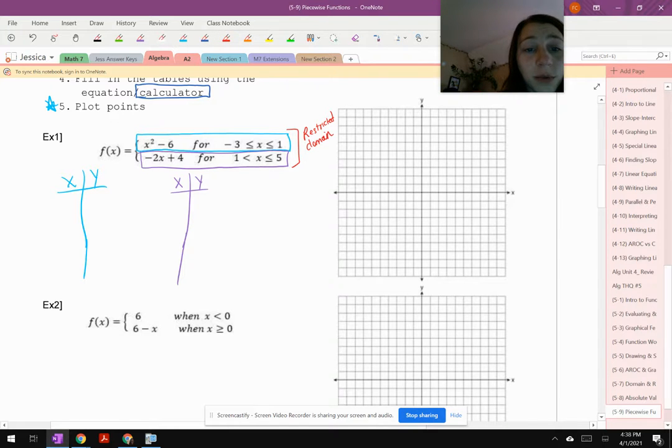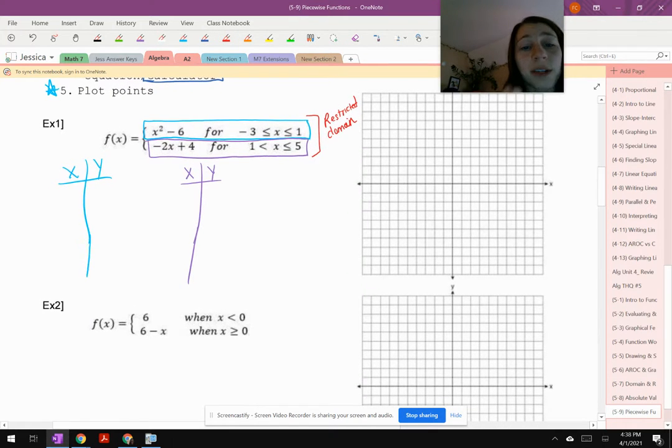So for my light blue equation for the top one, x squared minus 6, that's telling me to use -3 all the way through 1, and both of those get closed circles. So -3, -2, -1, 0, 1, stopping.